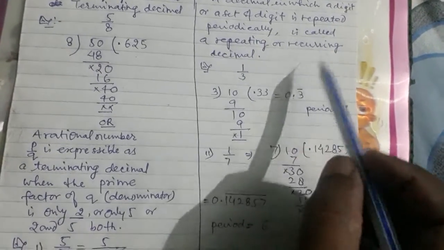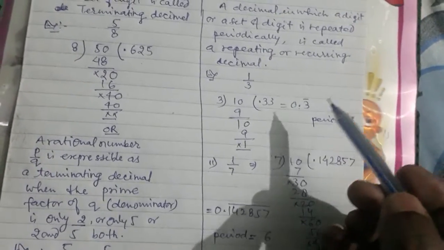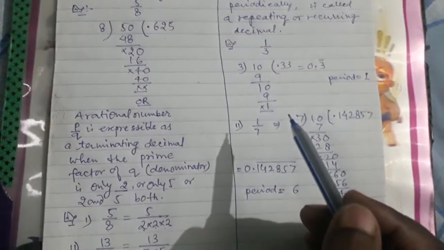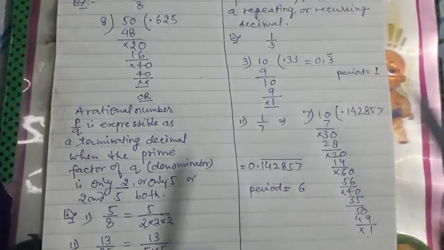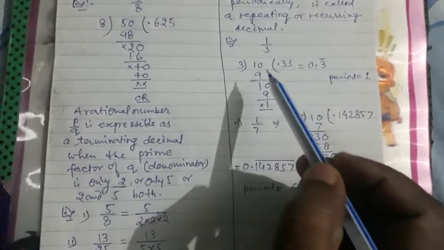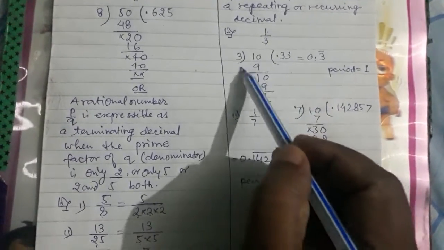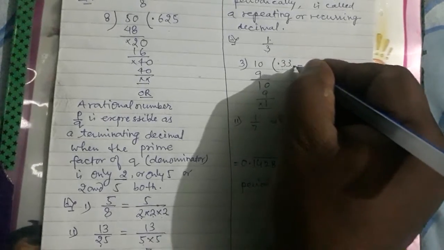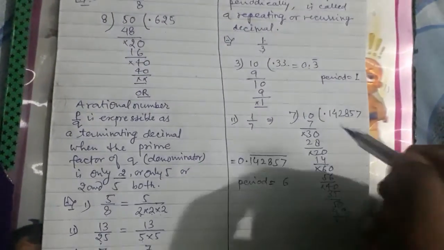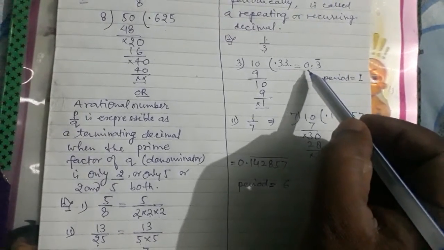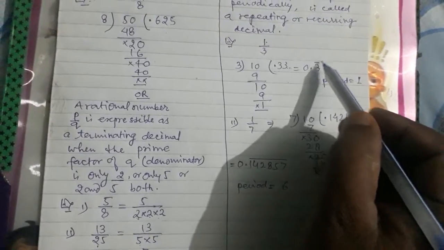Or those whose denominator has a factor other than 2 and 5. 1 by 3, which is also a rational number, divided, can be written 0.33 and so on. Since 3 repeats so many times, it is written as 0.3 bar.